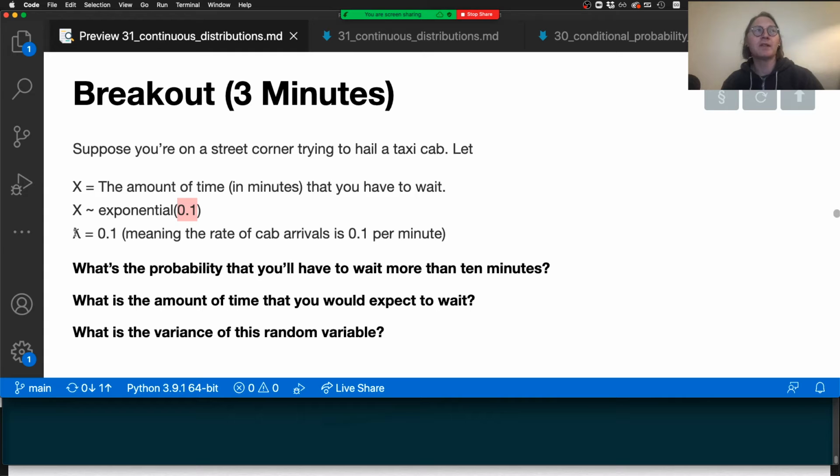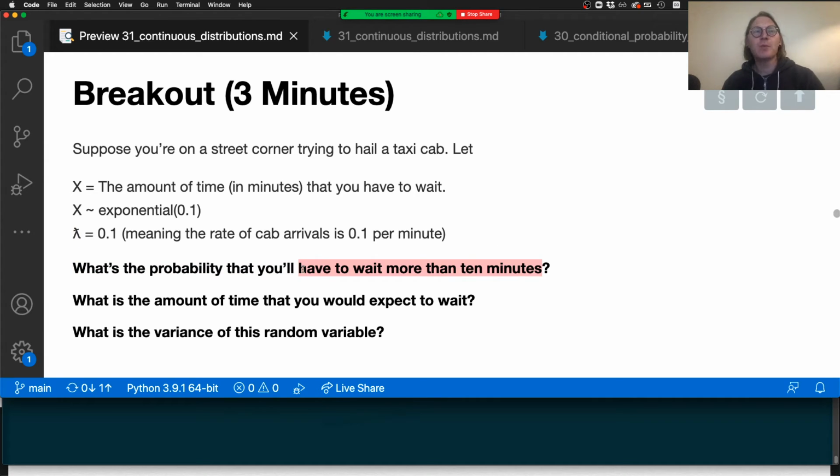What we mean by that lambda is the rate of cab arrivals is 0.1 cab per minute, right? So think about that in terms of the amount of time we have.